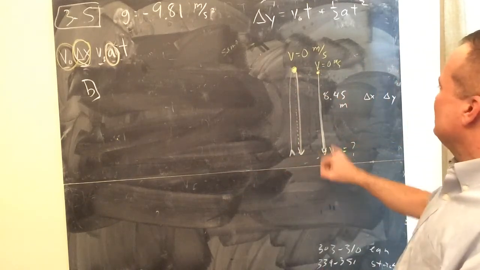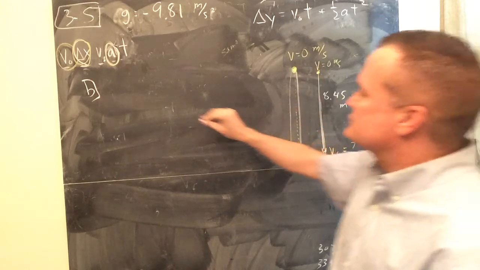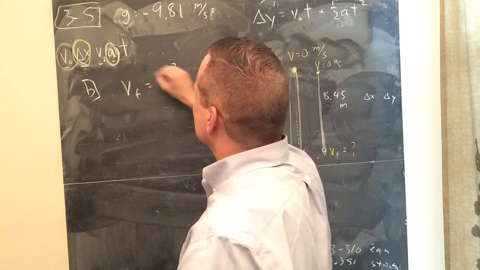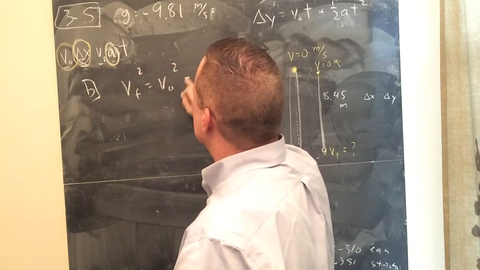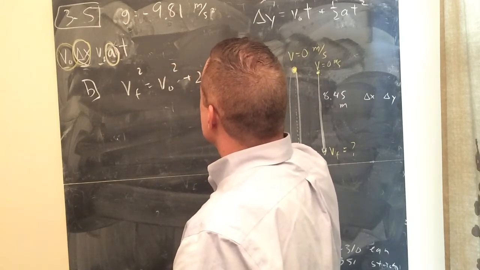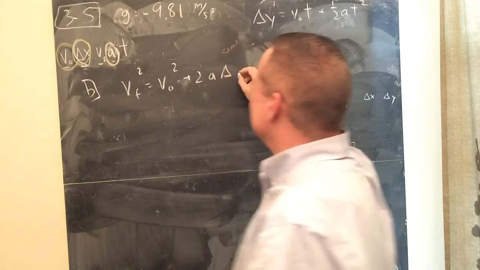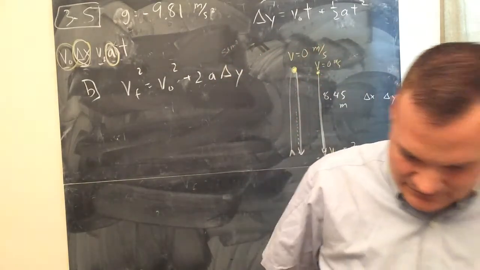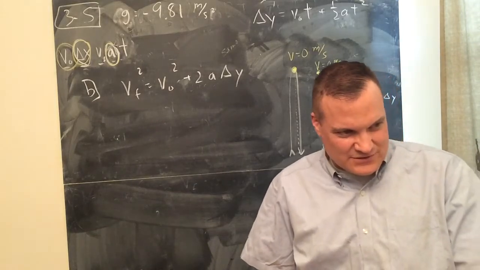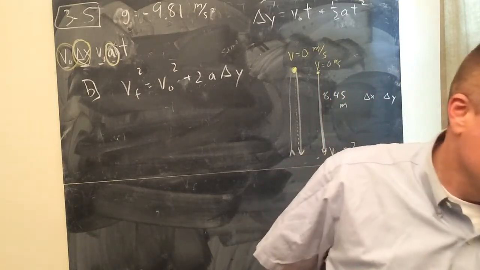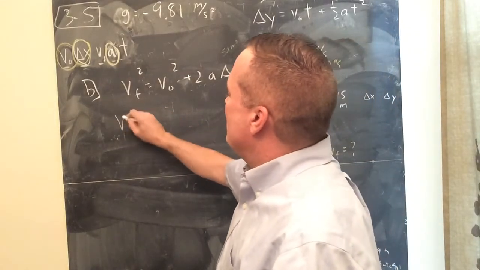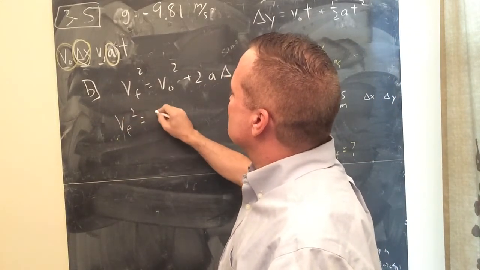So we know the final, the time, and we know the initial. So that turns out to be the equation that I like a lot: V final squared equals V initial squared plus 2A delta x. Or in this case, we could say delta y. I'll put delta y. Okay, so here we go. So final we don't know, but we know that the initial is 0.